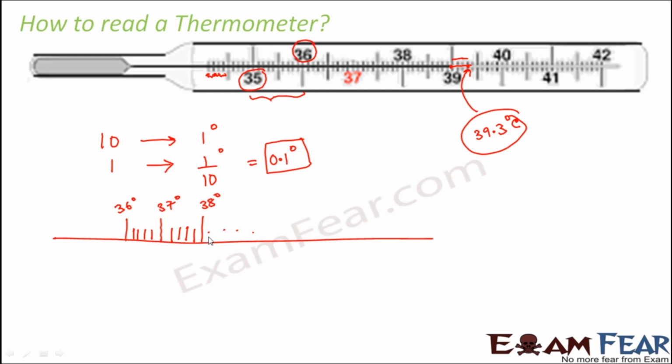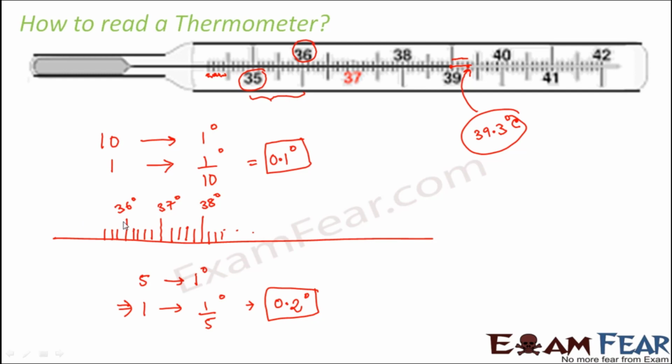So in that case, what is happening between 36 degree and 37 degree? That means 1 degree is represented by how many lines? It is represented by 5 lines. So in that case, one short line will represent how many degrees? 1 by 5 degree, which will be 0.2 degrees.